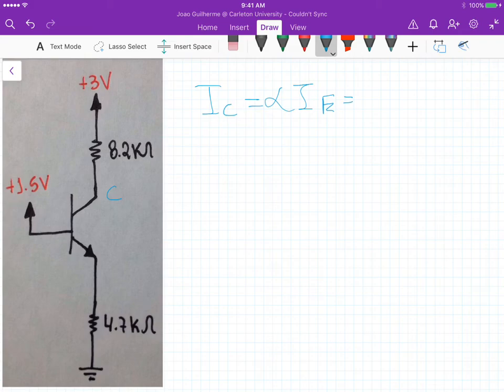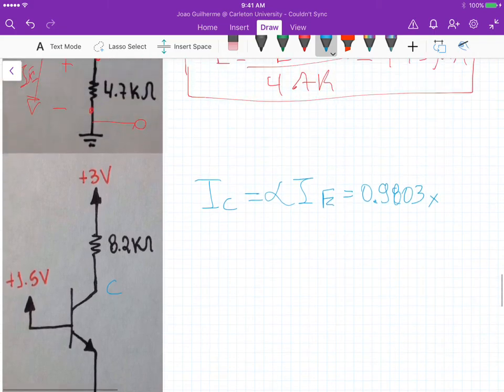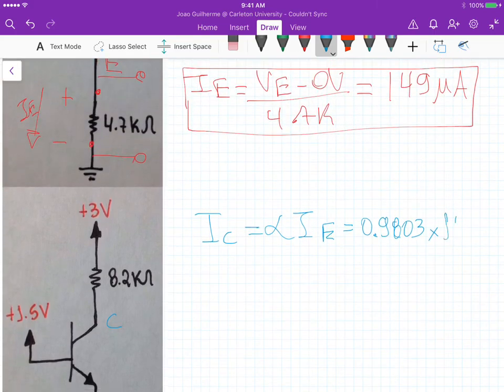And this gives us 0.9803 times those 149 microamps. So IC in this case is, oh, sorry, no, 146 microamps.